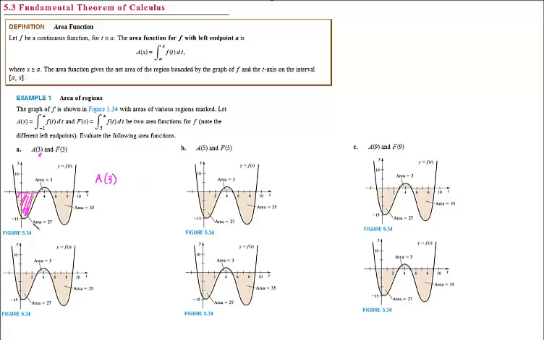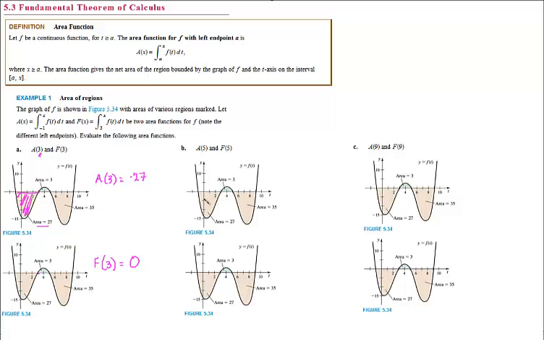We are not given the function, we're just told what the area is. Since this is the area under the curve, this area would be -27. For the next one, we're doing f of 3, and f goes from 3 to 3, so it's the area at that point, which is 0, and we discussed that in the theorem in a previous section.